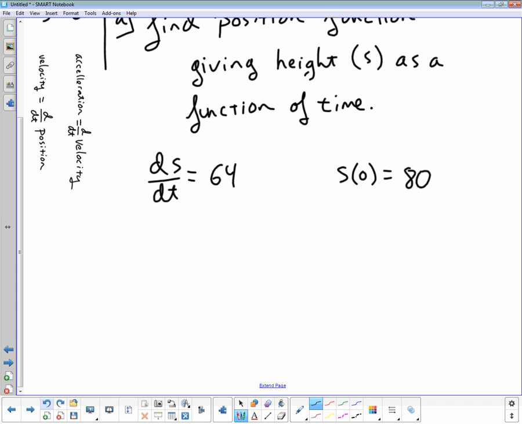But we have acceleration due to gravity.